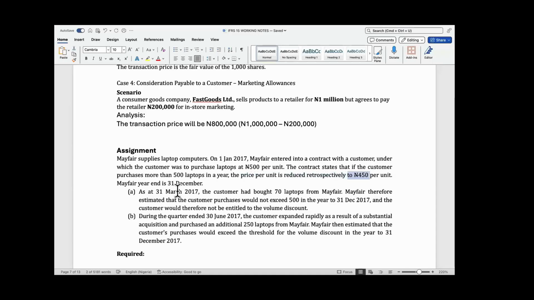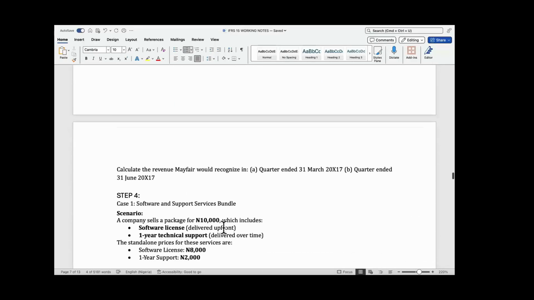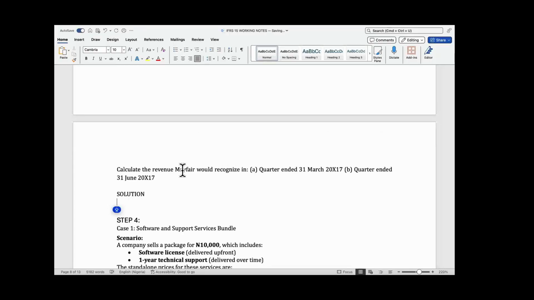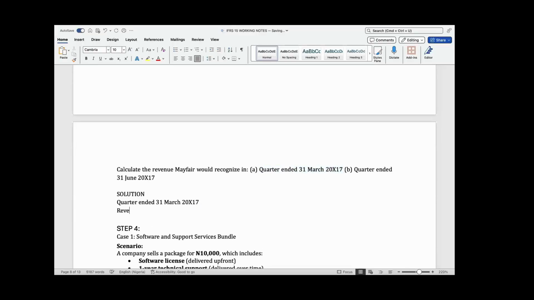So in March, the customer bought 70 laptops from Mayfair. Mayfair therefore estimated that the customer's purchases would not exceed 500 as of December, and the customer would therefore not be entitled to the volume discount. So this is straightforward for the one of March, because they asked how much revenue we are going to recognize for the quarter ended March.